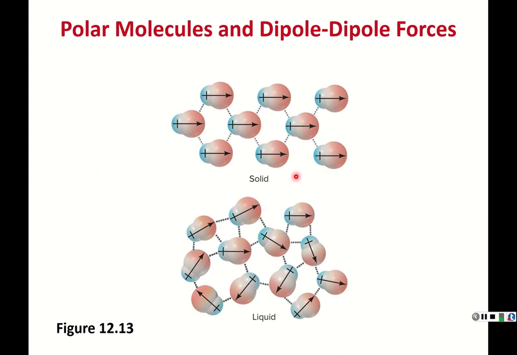All right, if we look at polar molecules in the solid form and the liquid form, in both phases they are undergoing hydrogen bonding. So there's this hydrogen bonding network at all times in polar substances.